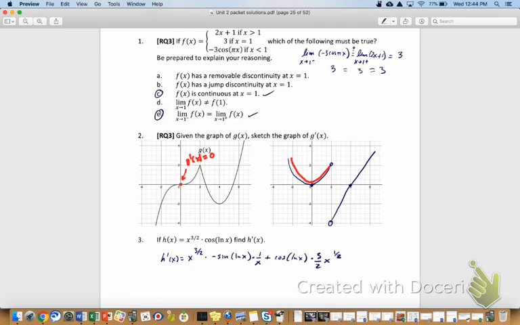If I wanted this to be a really well-crafted question, I'd probably want to say the graph of G has a horizontal tangent at x equals 0. And you've seen that on some of the quizzes and such. I've tried to clarify what these different features are. So that's what I was going for here. I just didn't really craft it perfectly. Okay, good questions. What else can I do?